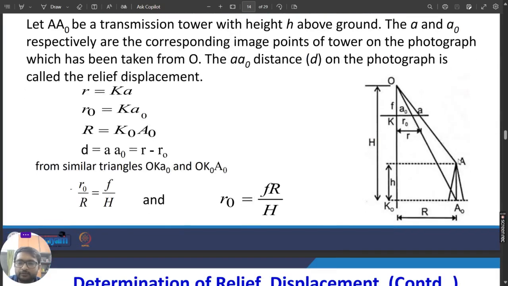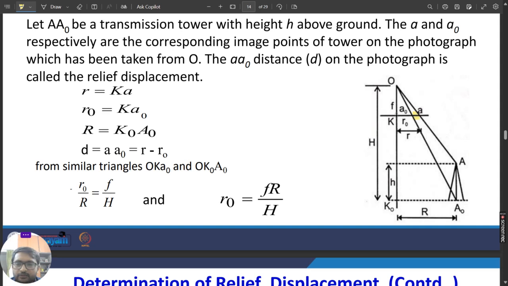So we'll go through the derivation part. Let's say you have this tower A naught, and you are getting a relief of that particular tower as a naught. This distance is the relief.